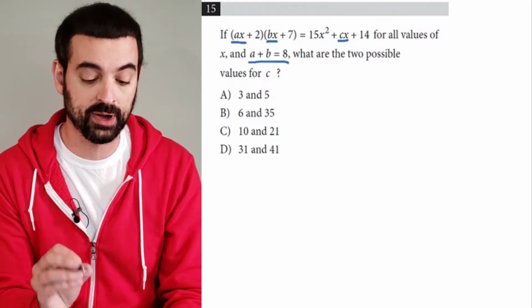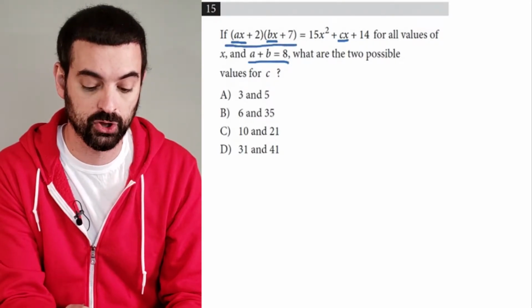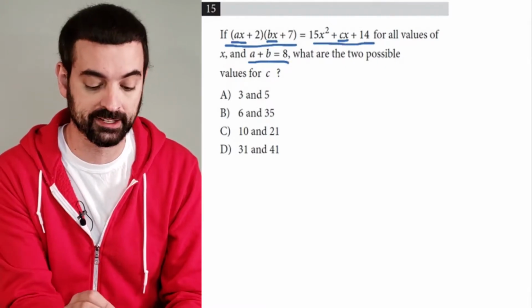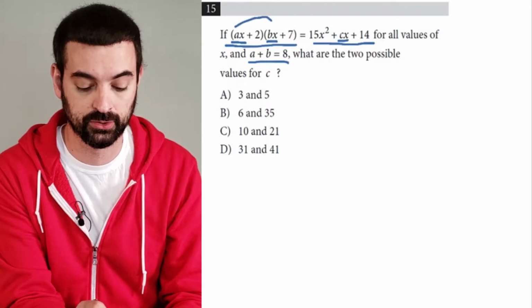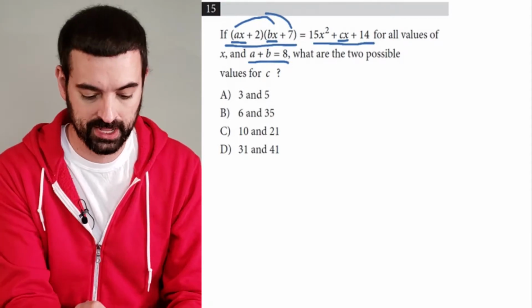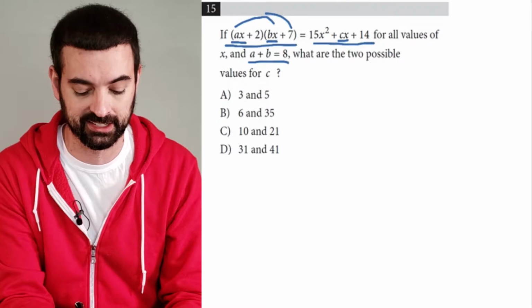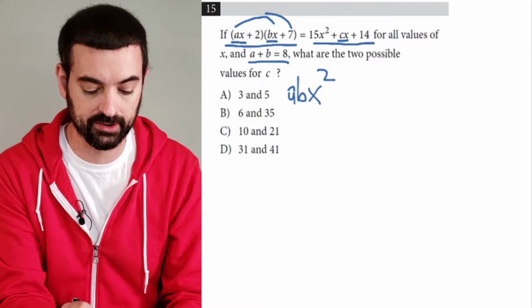But for now, remember what I said, we just want to make this side look like this side, and we're going to do that by distributing ax plus 2 into bx plus 7. I'm going to FOIL it all in. So ax squared times bx is abx squared.